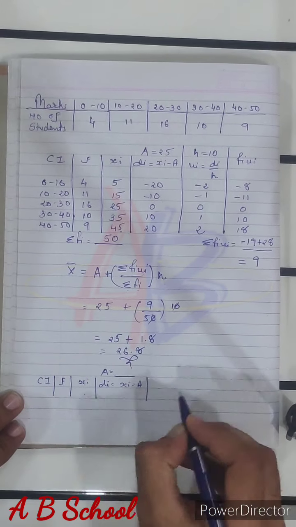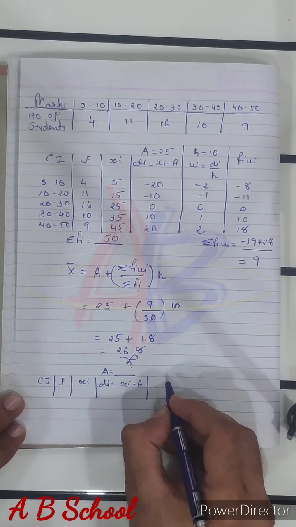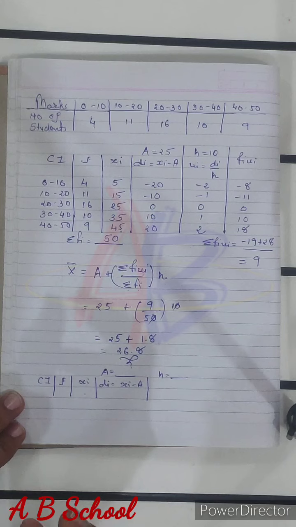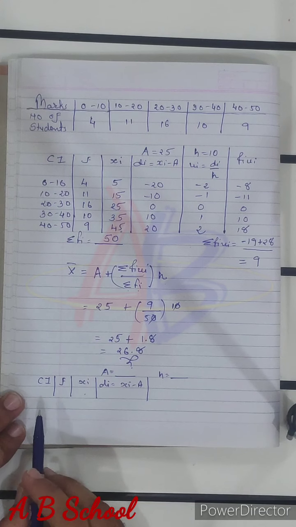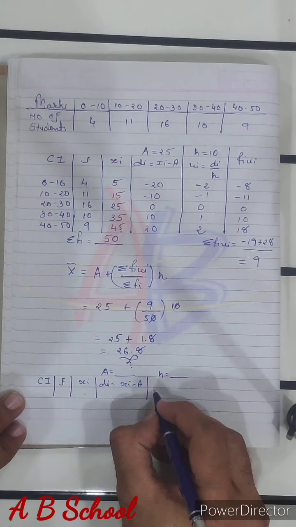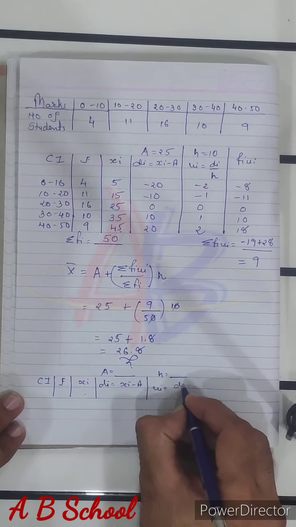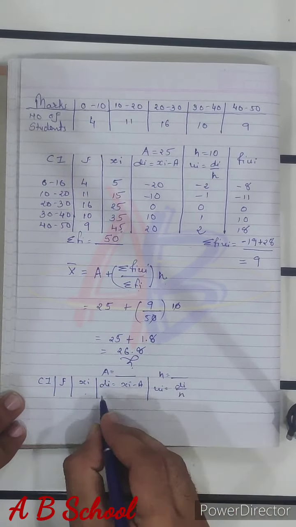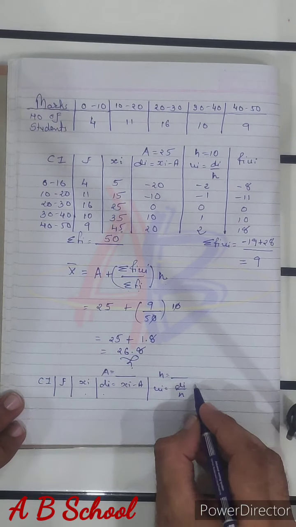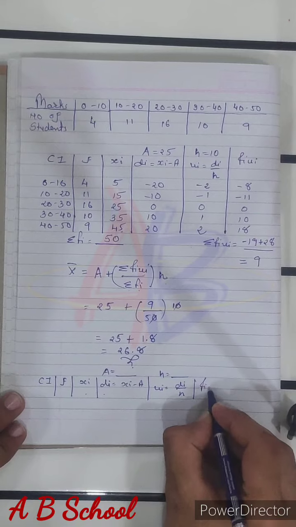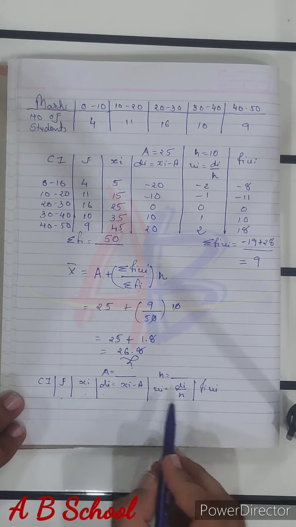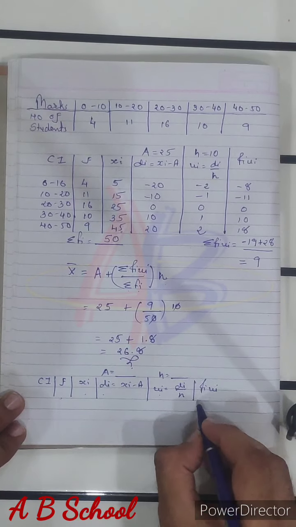Then we'll take h. H is the class size, that is the upper limit minus lower limit of the class. The new term is ui is equal to di upon h. Di we have obtained here and h also we have obtained. So now the last step is fi into ui. The multiplication of f and u will give you fi into ui.